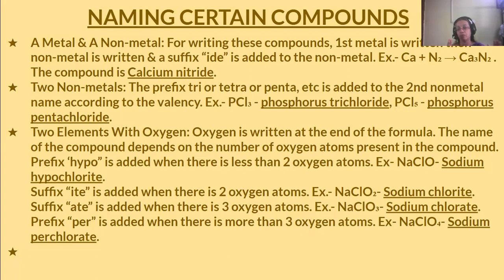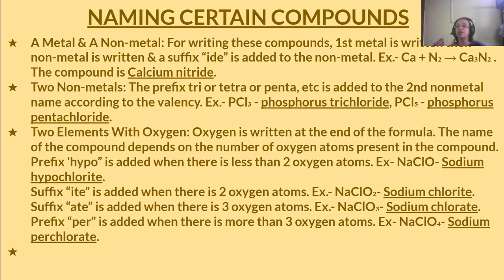So when there is a compound with a metal and a non-metal, first we write the symbol of the metal, and then the symbol of the non-metal. And when we write the name, first we write the name of the metal, and then the name of the non-metal, adding the suffix "ide," I-D-E, to the non-metal.